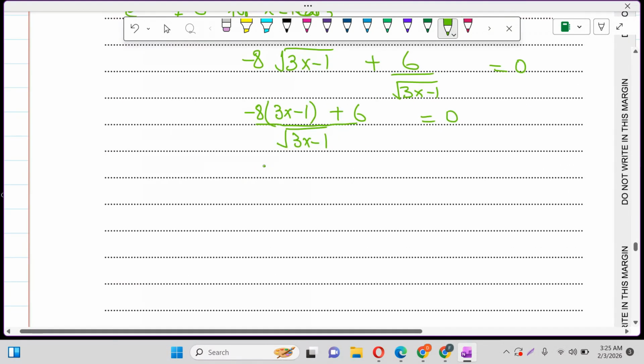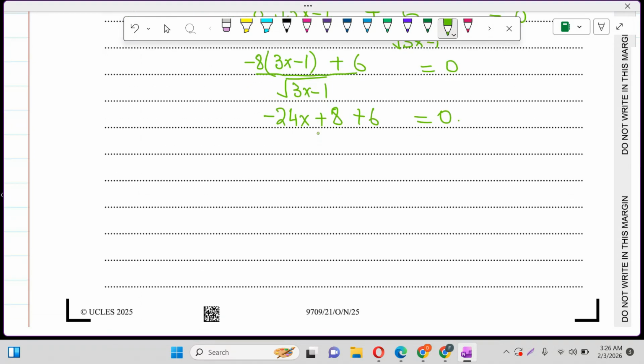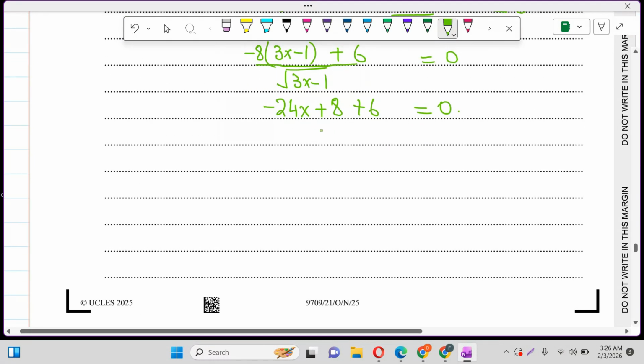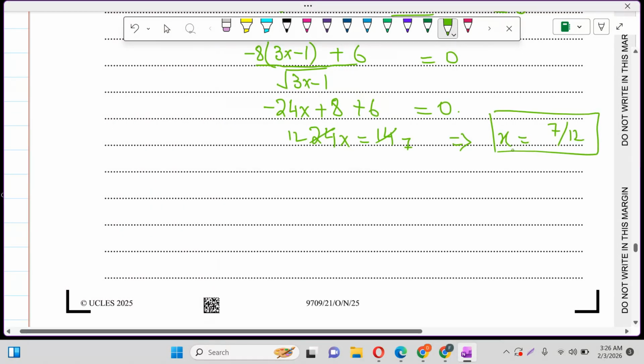Further solving, we will have negative 24x plus 8 plus 6 equal to 0. So 24x equals 14, and x equals 7/12. So we have the x coordinate of the stationary point.